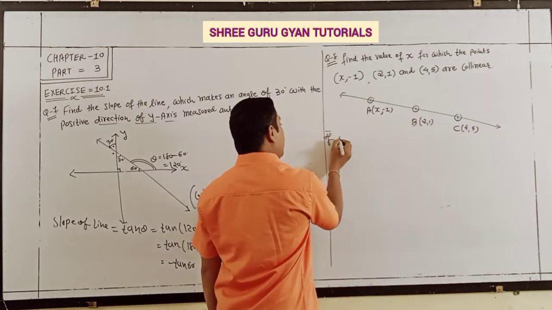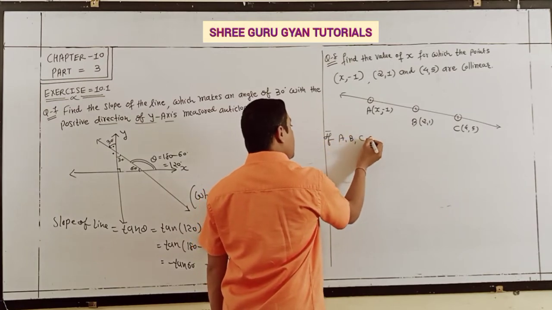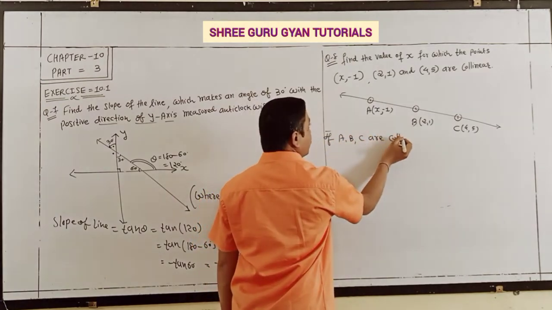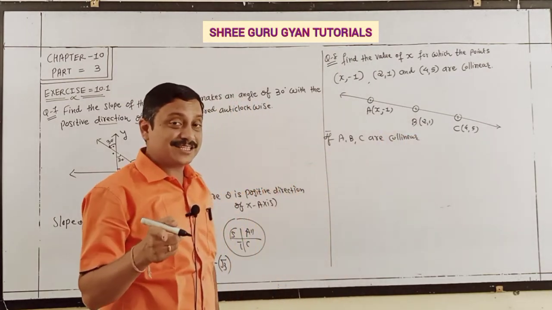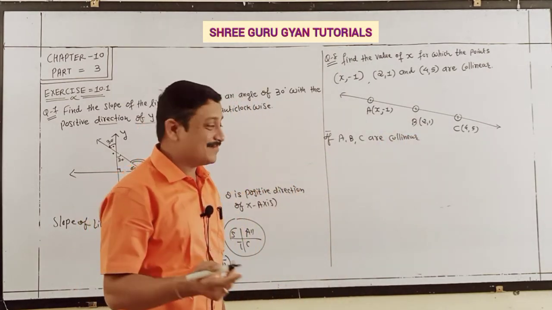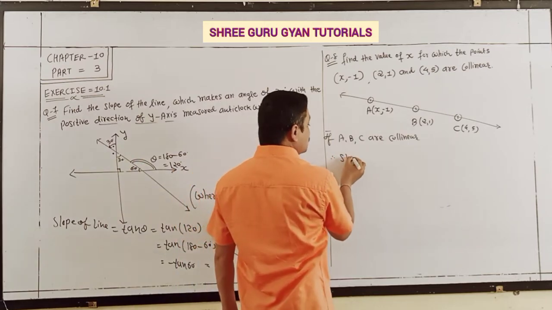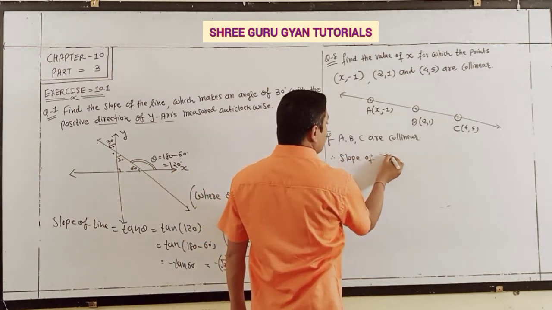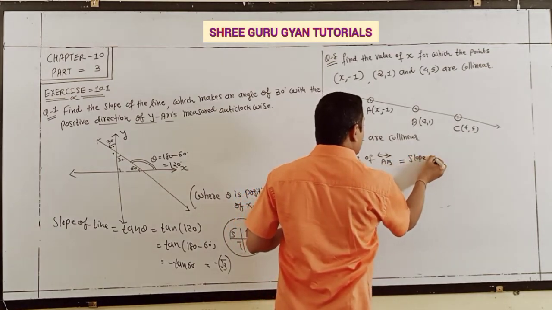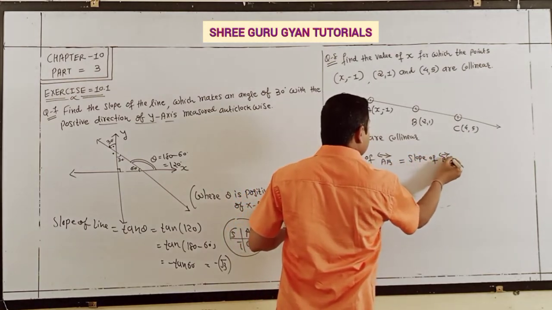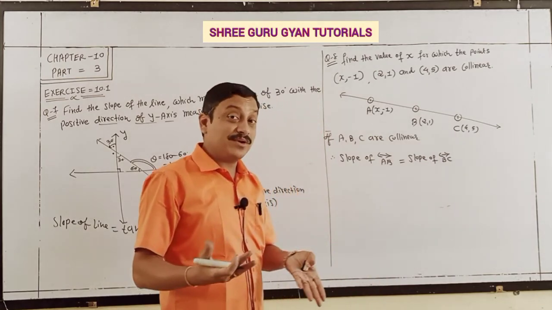So if A, B and C are collinear, it means definitely all lie on the same line, so the slopes are the same. So I take, students, slope of line AB is equal to slope of line BC. Or you can take slope of AC.